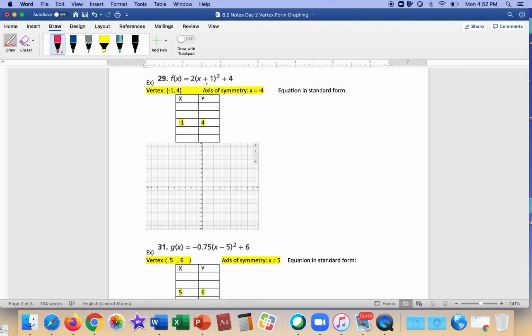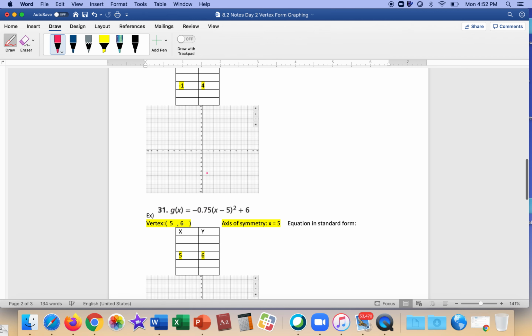But as a reminder, to find the vertex, I like to say opposite of inside. I say inside meaning parentheses. Opposite of inside, which would be negative 1, comma, number on the right, 4. And that's your vertex. That's one of the reasons why we call this vertex form. You look at it, you don't have to plug into a formula. You just say opposite of inside, so negative 1, comma, 4. That's your vertex. We'll come back to that.